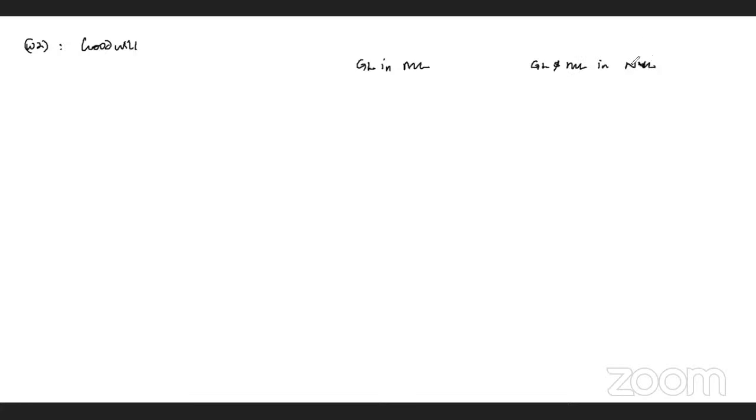So we have 2 goodwill figures because we have 2 subsidiaries, don't forget. Shillings, millions.